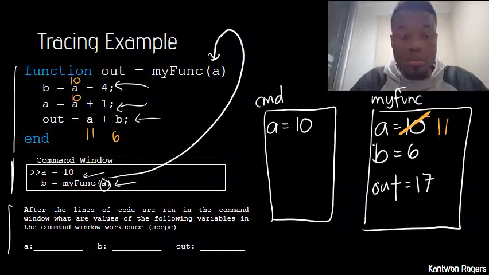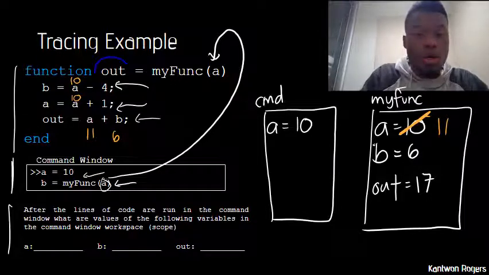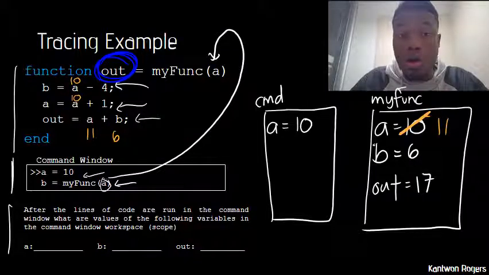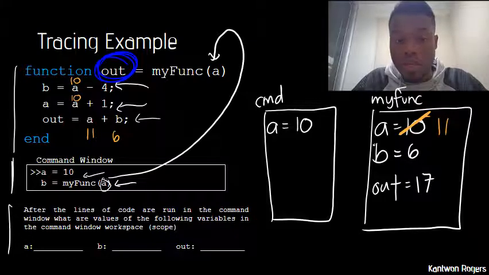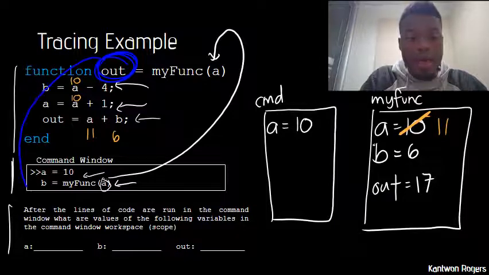Once we're done with our function, now we need to translate our outputs. So in our function header, we told MATLAB that we want to output whatever is inside of a variable called out. Okay? And right now we have the variable out defined, and its value is 17. So now we need to translate this value back into what called it.